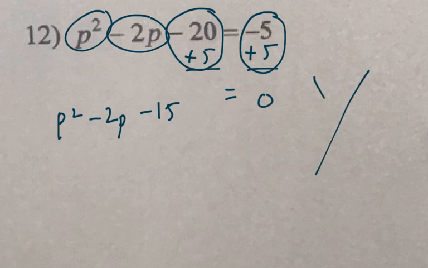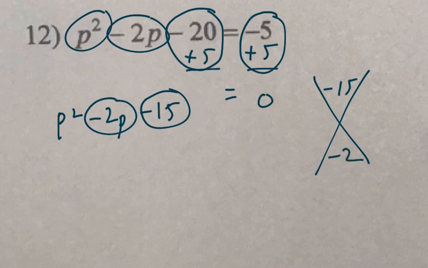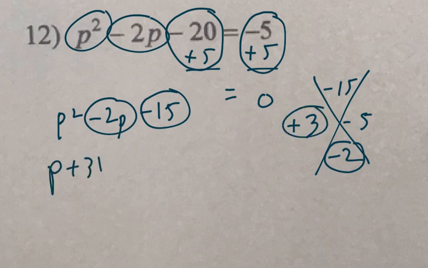If I do the X method, I know I have a negative 15 for my product, a minus 2 for my sum. I know that 3 times 5 is 15. To get this negative, I need to do plus 3 minus 5, right? So the 3 tells me p plus 3. The negative 5 tells me p minus 5.